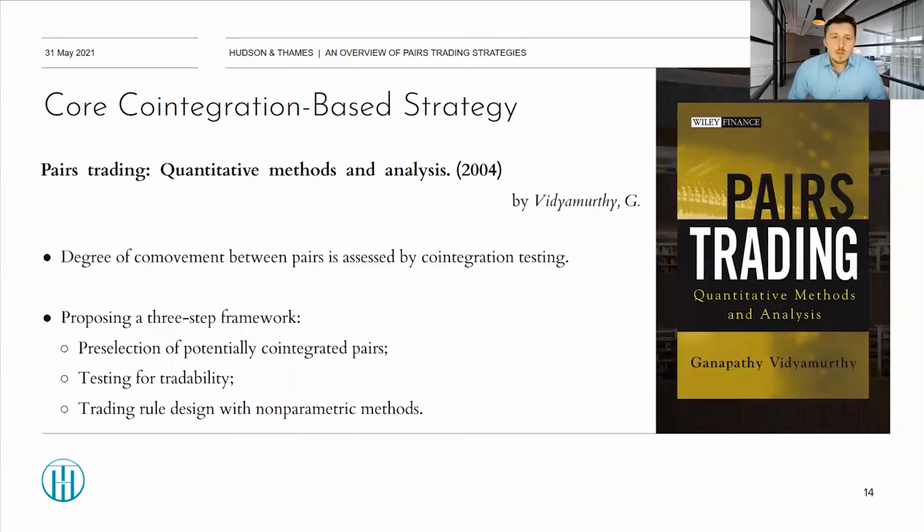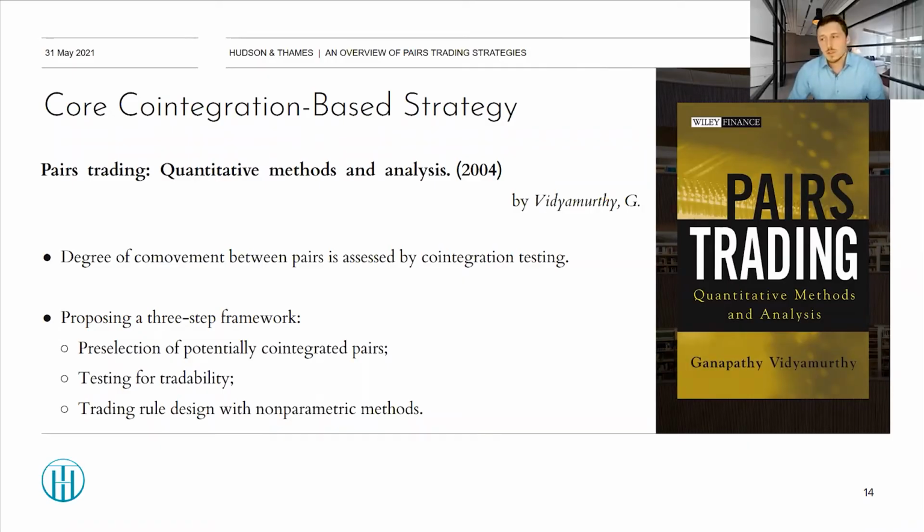The core strategy in the Cointegration approach is described in the book Pairs Trading by Illya Barziy, and it proposes a three-step framework of pre-selection of potentially cointegrated pairs, then testing them for tradability, and essentially optimizing the target levels to get the optimal expected return from the strategy.